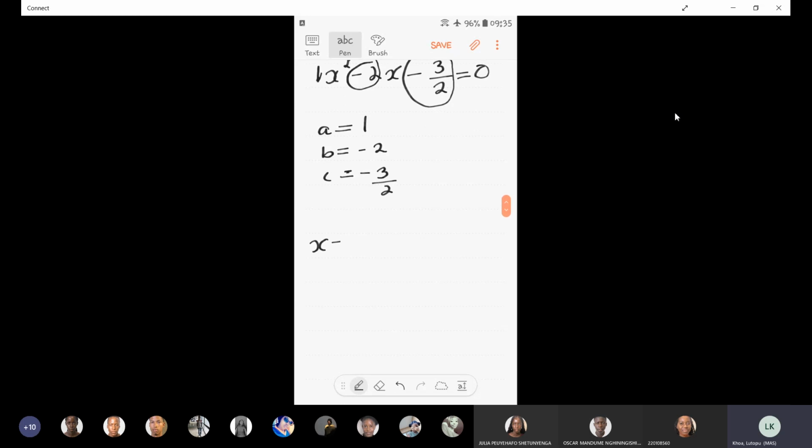You have x is equal to negative of negative 2. Remember, negative b doesn't mean your answer is a negative number. Negative b just means multiply b by negative 1, so negative b can be positive. Then plus or minus the square root of b squared, which is minus 2 squared, minus 4 times a, which is 1, and then times negative 3 over 2. This is all under the same square root.